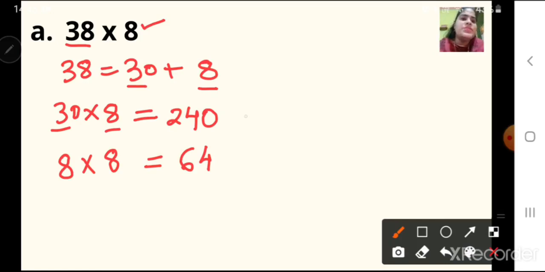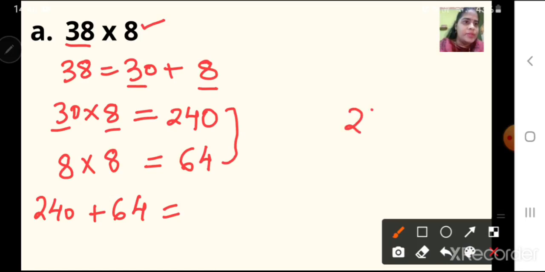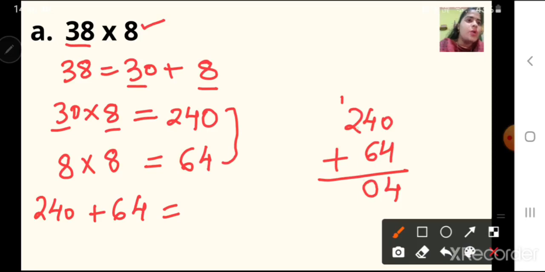The last step is we have to add the products that we have got. So 240 plus 64 is equal to, let us add 240 plus 64. Okay, 0 plus 4 is 4, 4 plus 6 is 10, 1 carry over 0 down, and 2 plus 1 is 3.